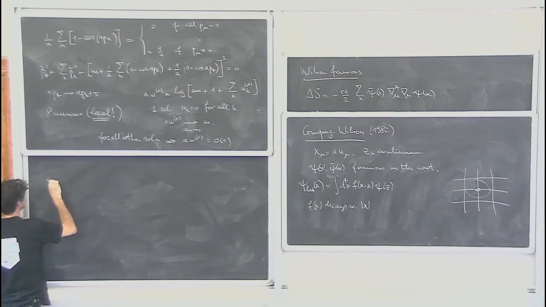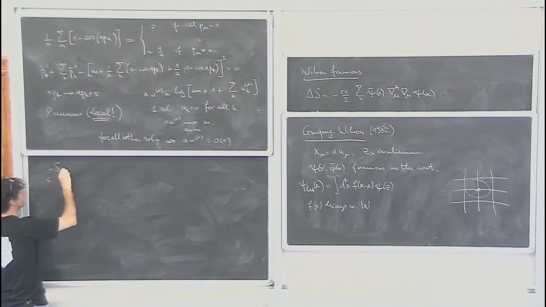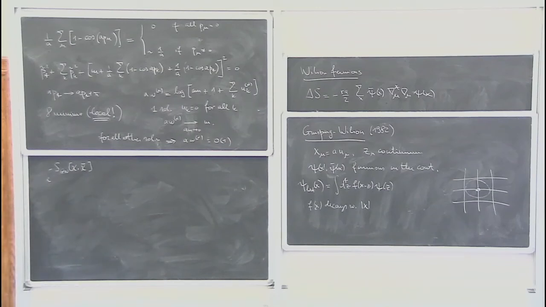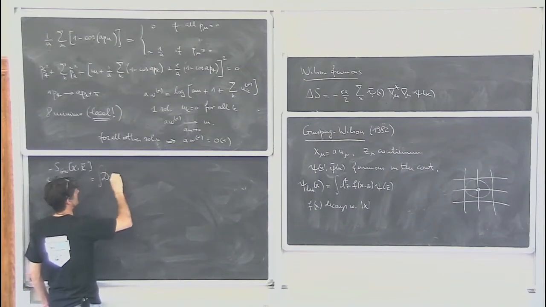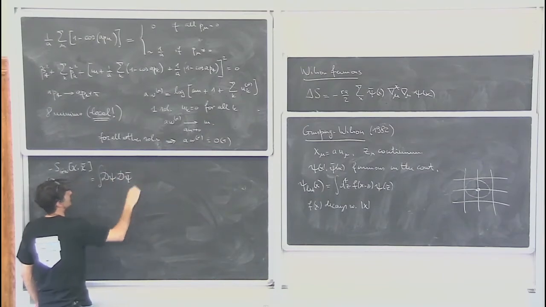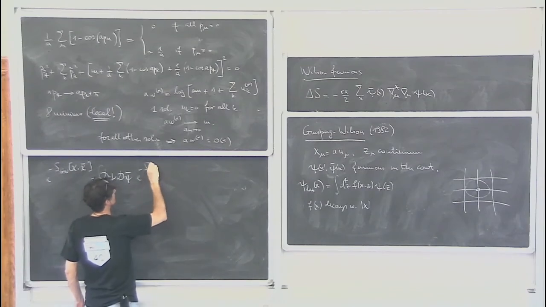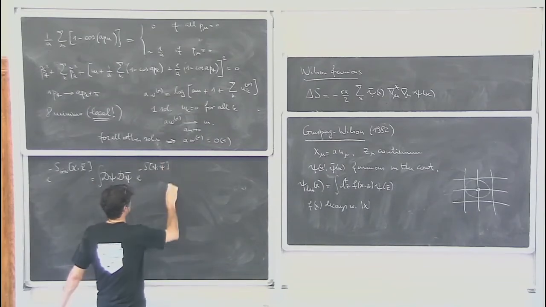So I'm going to define my action, and I'm going to call it a Ginsparg-Wilson action. This is going to be a function of chi and chi bar. So chi and chi bar are fields that are defined on the lattice. Okay? And this is going to be defined in the following way. I'm going to integrate out the continuum fields with a weight that looks like that.